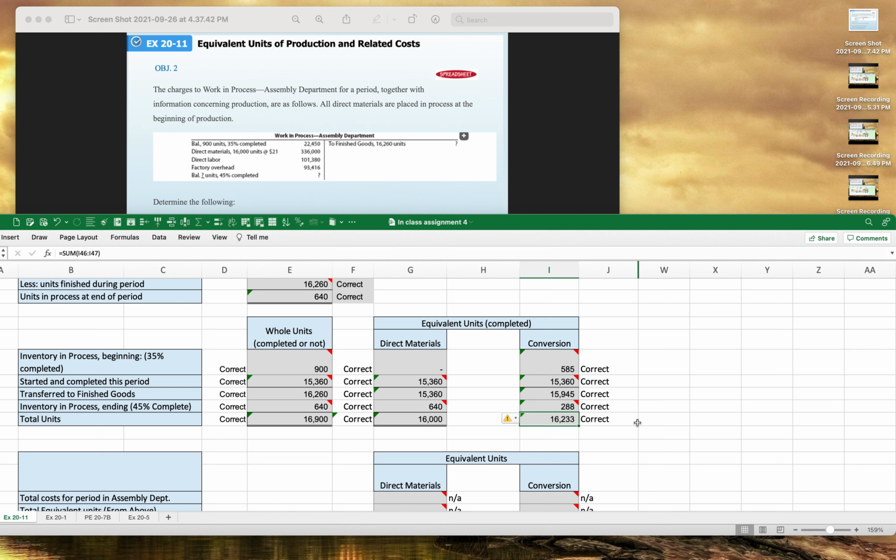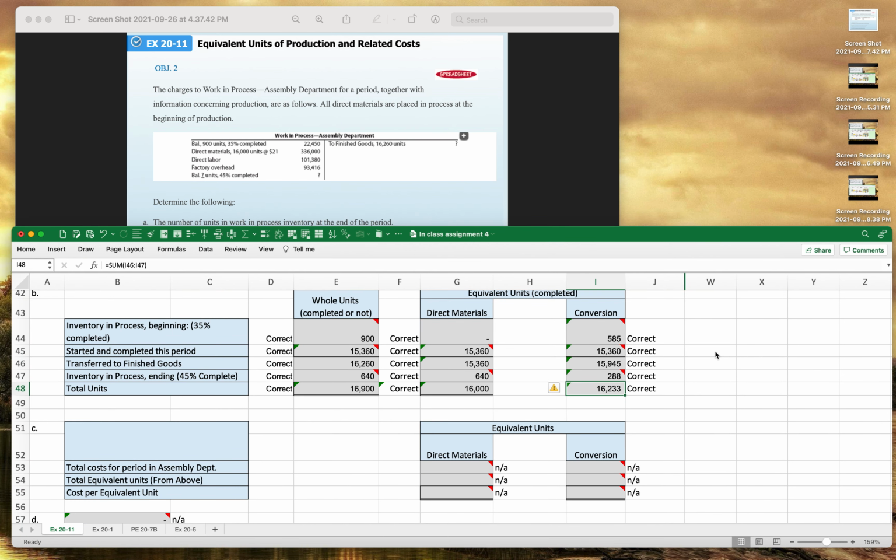That's how they help us understand what happened with units in total. Now that we have determined the number of units that received direct material and the number of units that received conversion costs this period, we can now begin to determine the cost per equivalent unit.